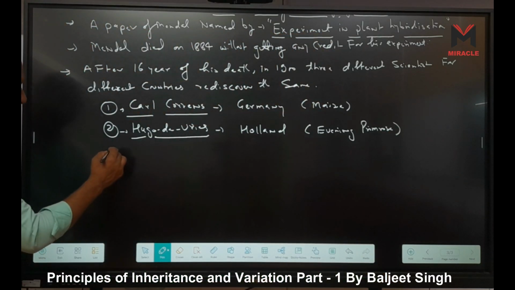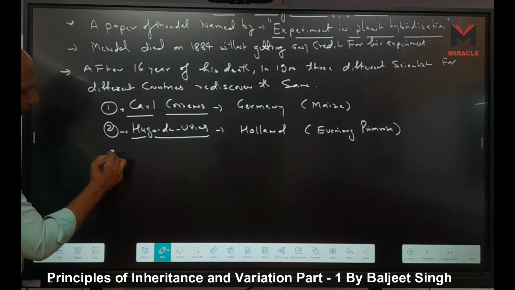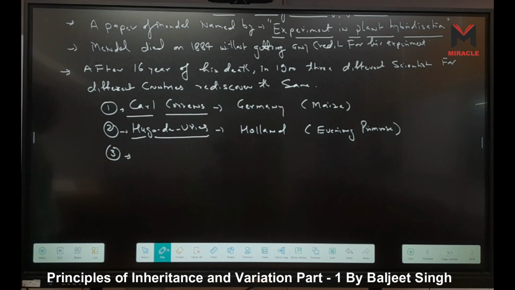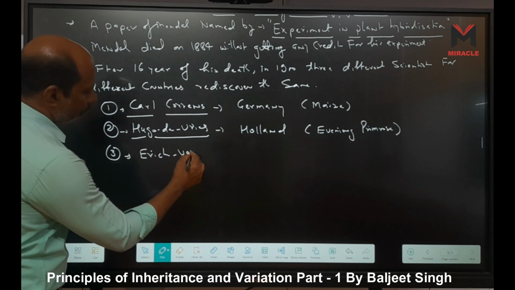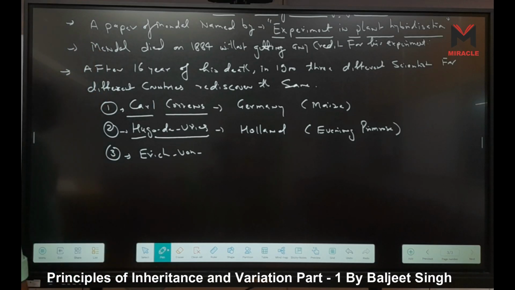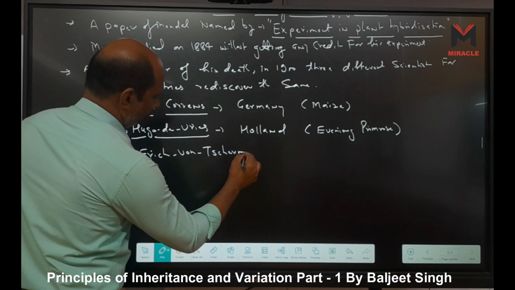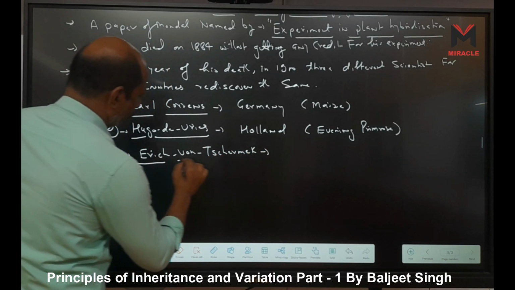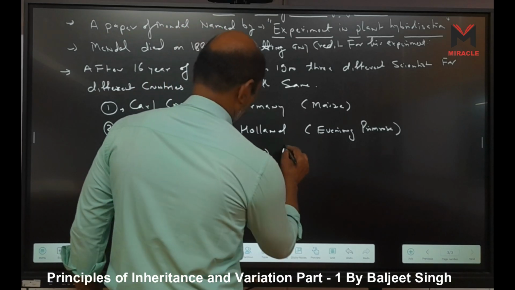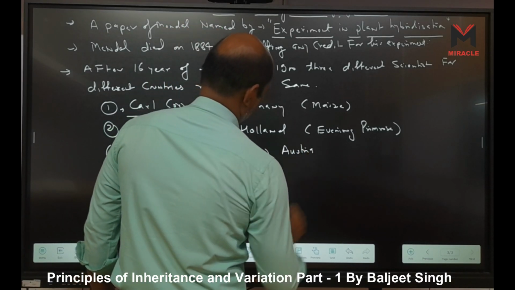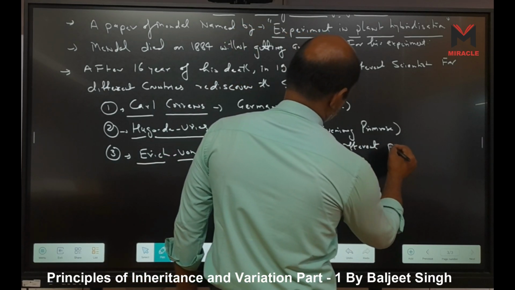The third one is Erich von Tschermak, T-S-C-H-E-R-M-A-K, and he belongs to Austria, and he used different plants in his experiments.